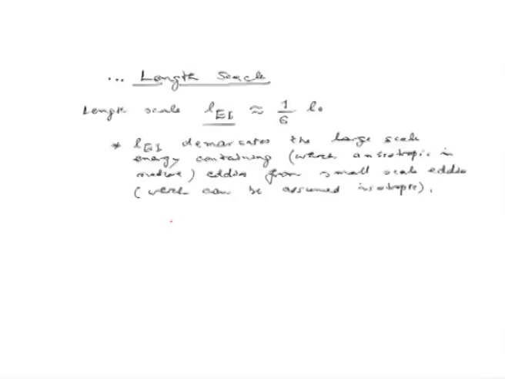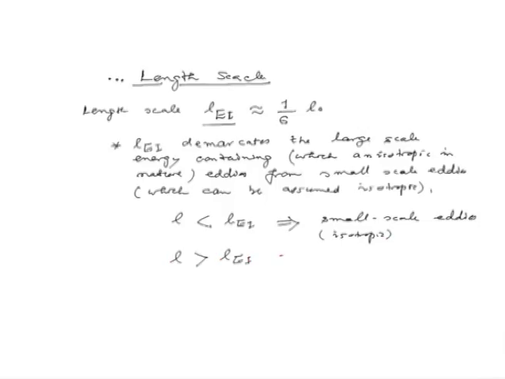So, there is one very important purpose which this length scale serves. It provides a demarcation that if L is less than LEI, we will say these are our small scale eddies, which can be treated as isotropic, and L greater than LEI, we will call them large eddies.